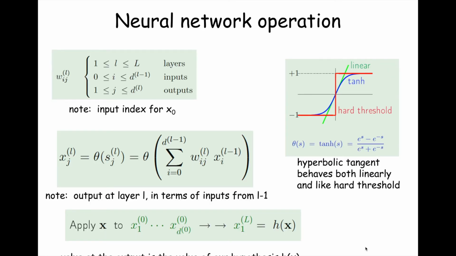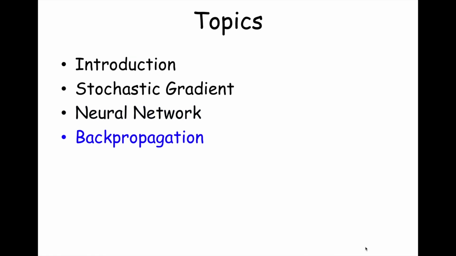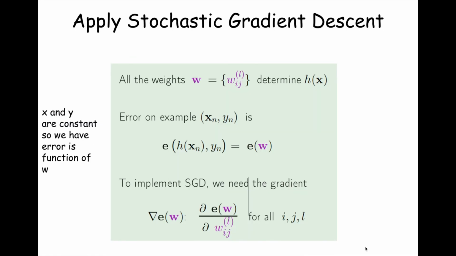Okay, so how do you train this? You train this using something called backpropagation. And backpropagation is just based on the chain rule for the partial derivative.